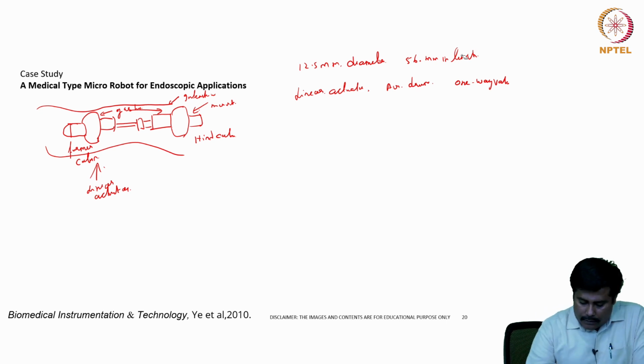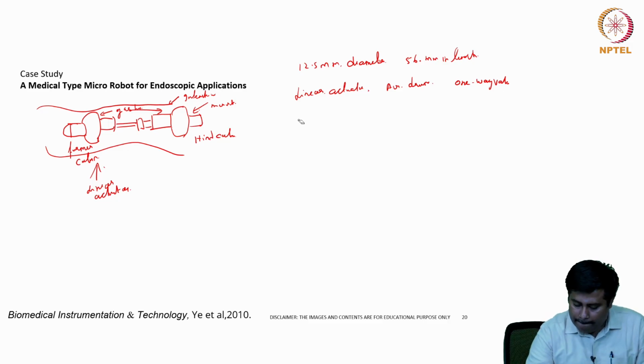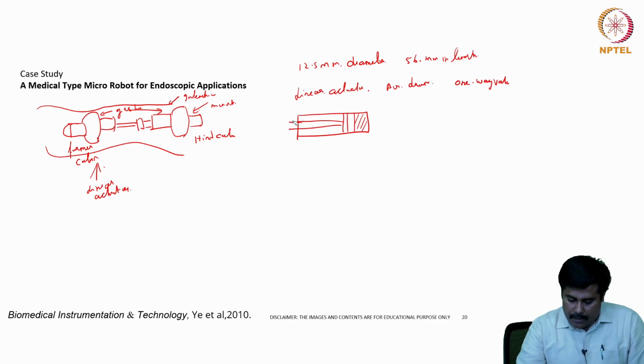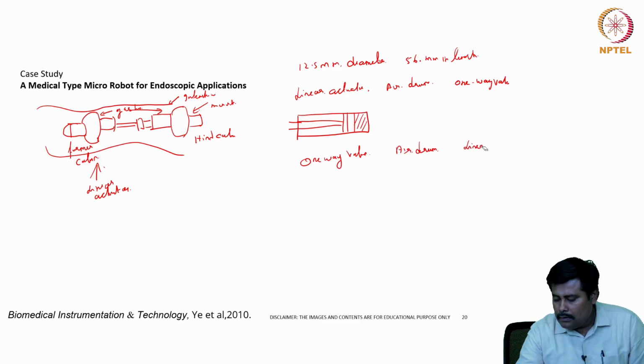If you see the overall construction of it, here we will have a linear actuator, and then probably I can draw like this: one way valve, the air drum, and the linear actuator.